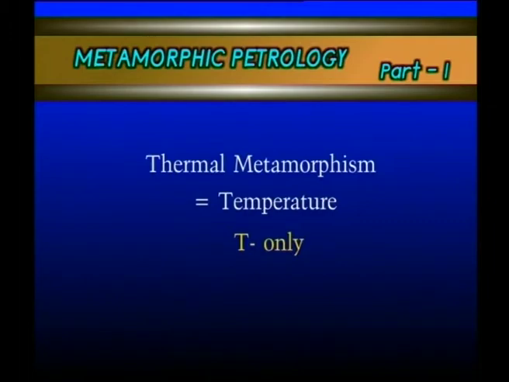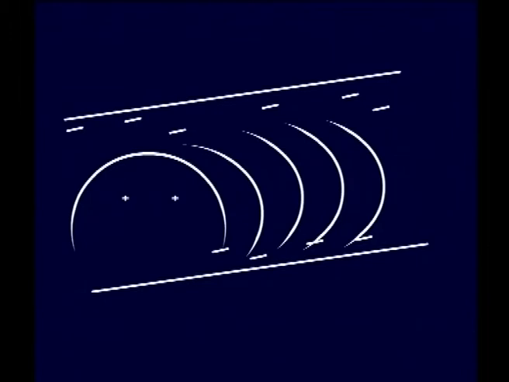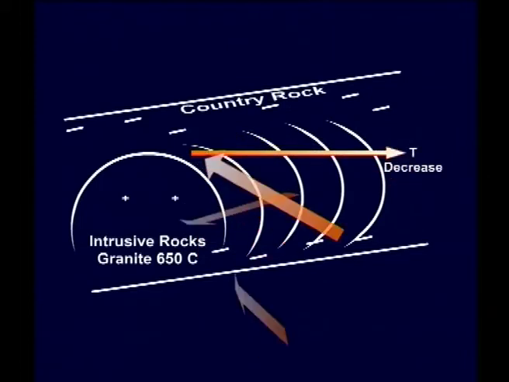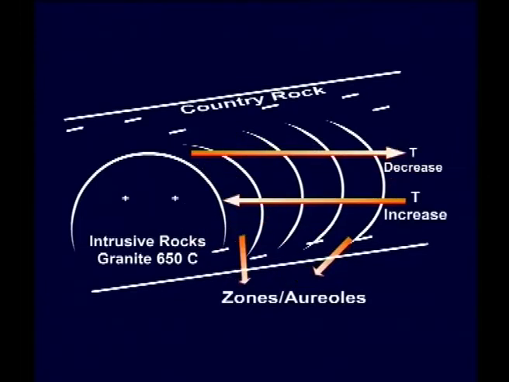Let us see: if an intrusive body is intruded into country rocks, then normally around the intrusive rocks some sort of aureoles or zones are developed. From the intrusive body towards the outer zones, the heat energy is transmitted, and as you move from the intrusive body towards the outer zones or aureoles, the temperature normally decreases.